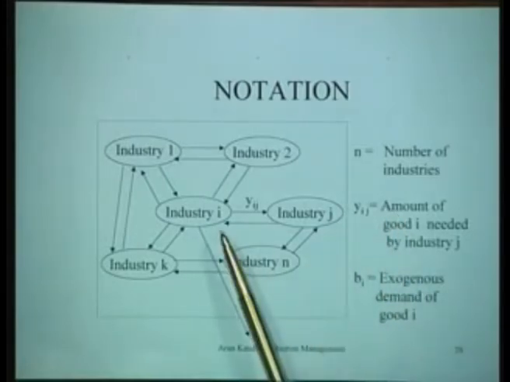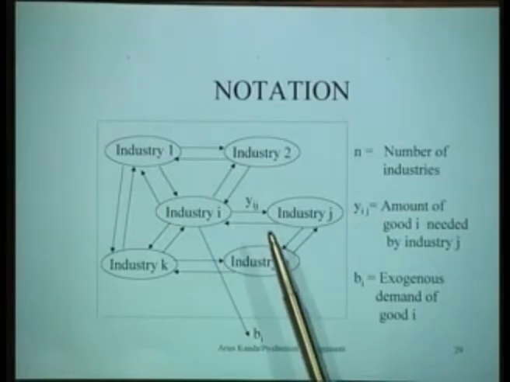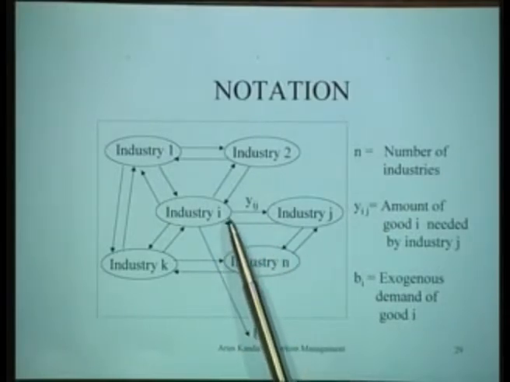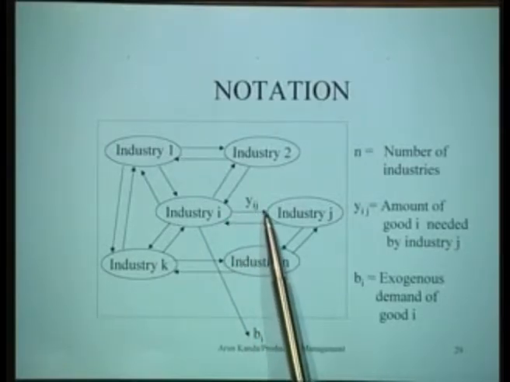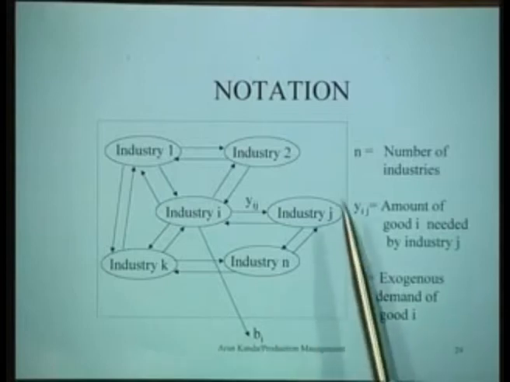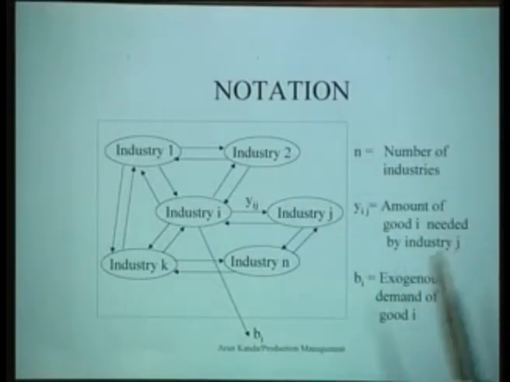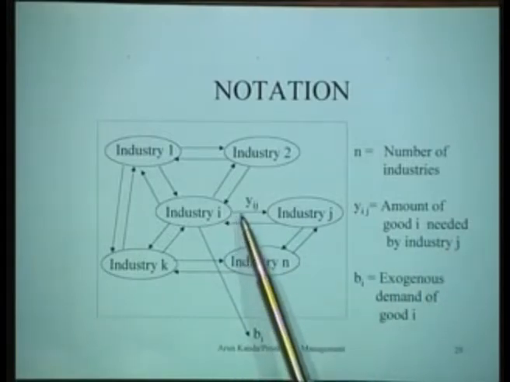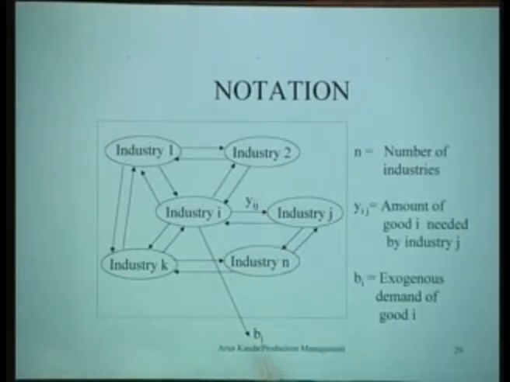Yij is the amount of good I needed by industry J. So, Yij is flowing from the ith industry to the jth industry, during the whole period. Mind you, this entire exercise is for a certain period, and the normal period is 1 year. So, Yij is the amount of good I flowing to industry J in that particular period.